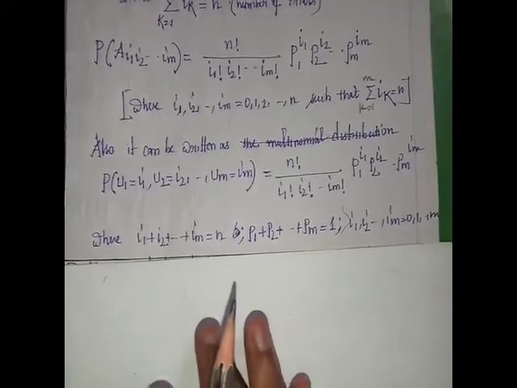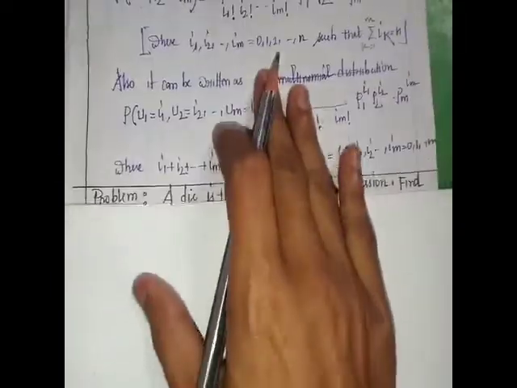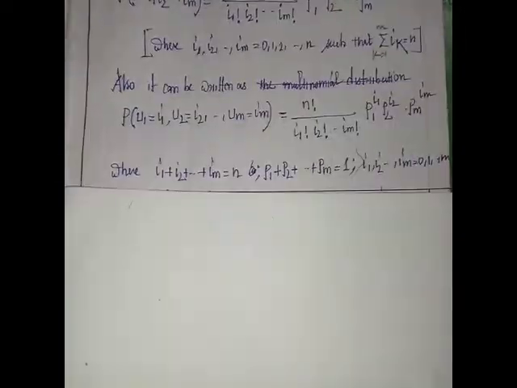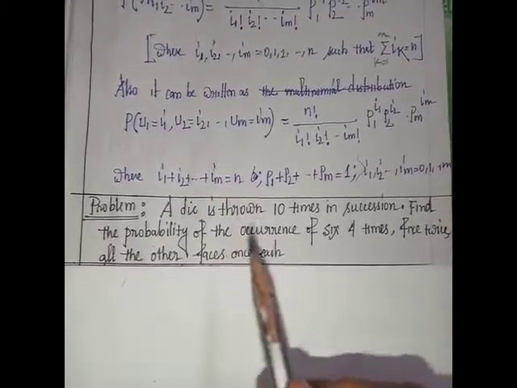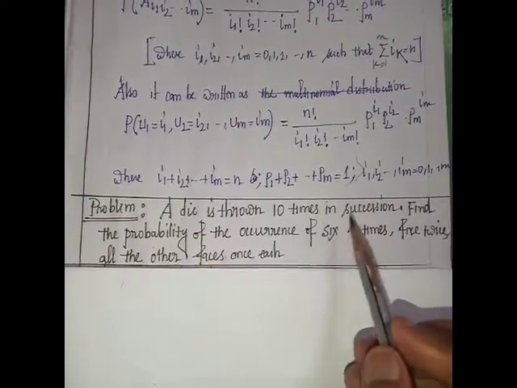Next we discuss a problem using multinomial distributions. Problem: a die is thrown 10 times in succession.